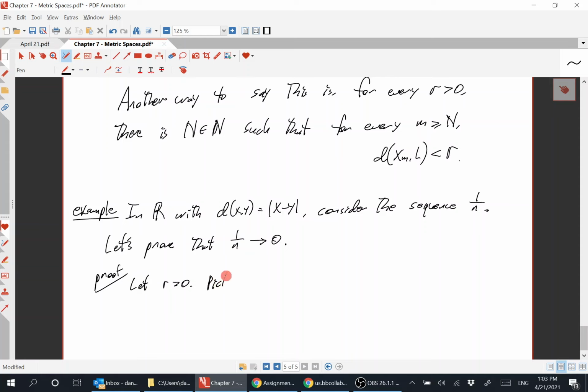Pick any natural number n that is greater than 1 over r. Right? r is really tiny, so 1 over r is really what? Big. Yeah, so r is like 10 to the negative 20 or something like that.